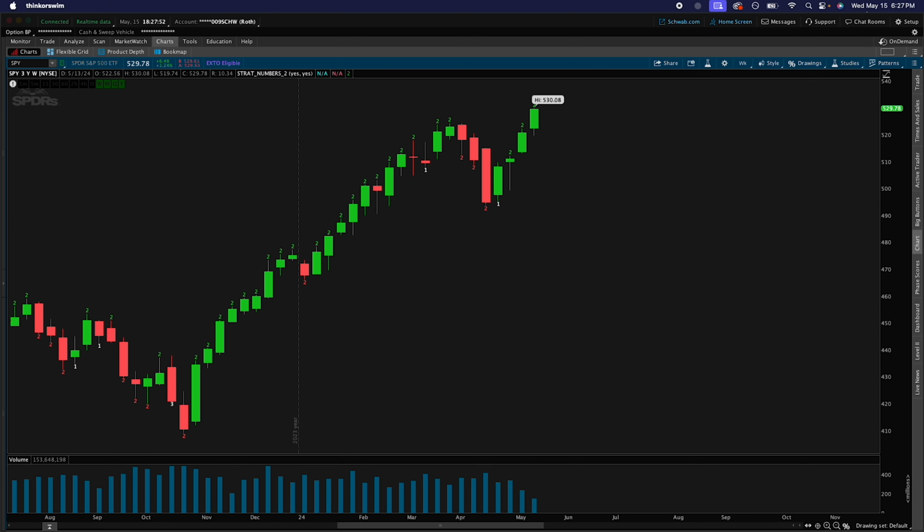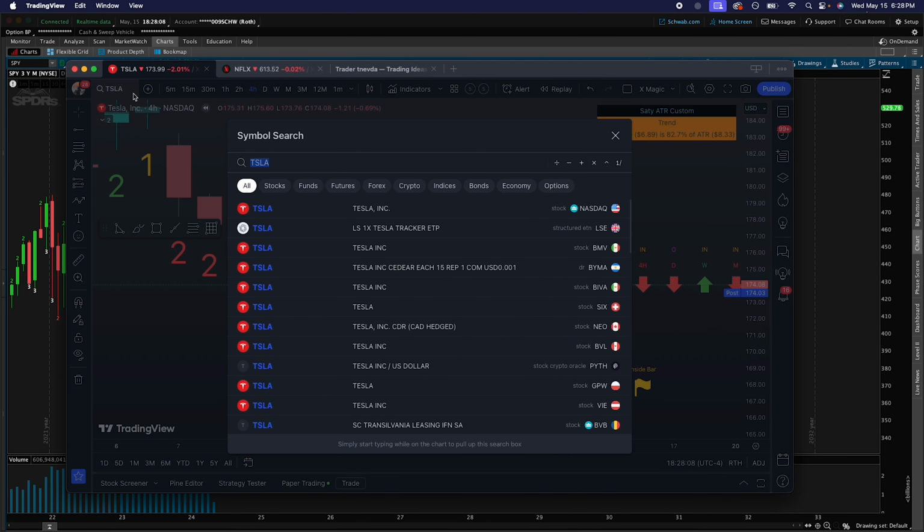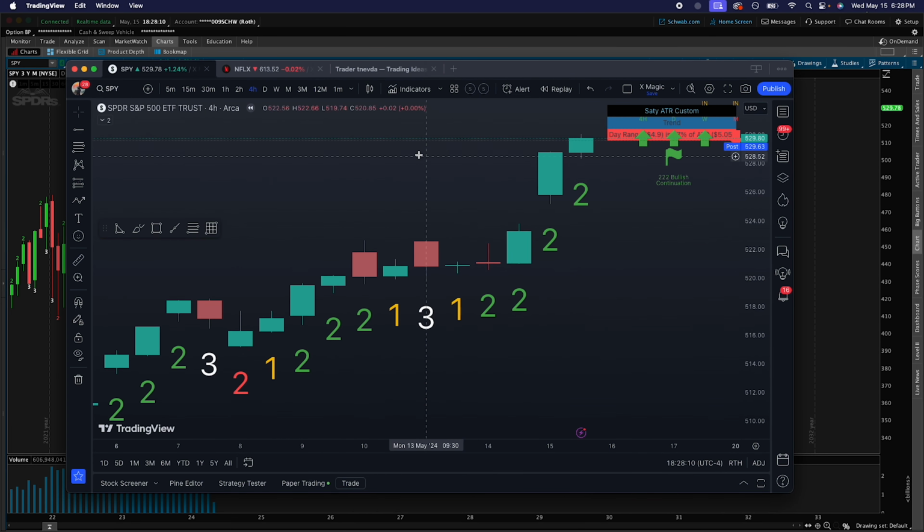Okay. Yes, I have a 1-2 for weekly from Sunday. I have a 2-1 for the month and a 2-1 for the quarter, with the high for the month being 524.38 and the quarter being 524.61. So both of those were hit today.